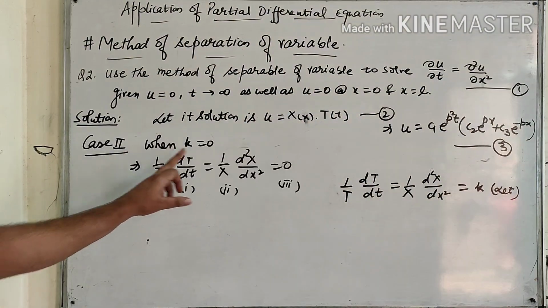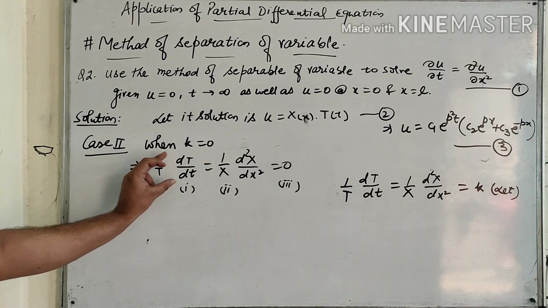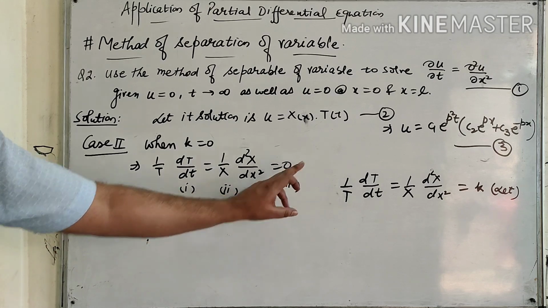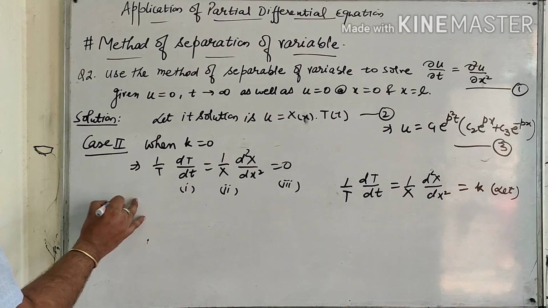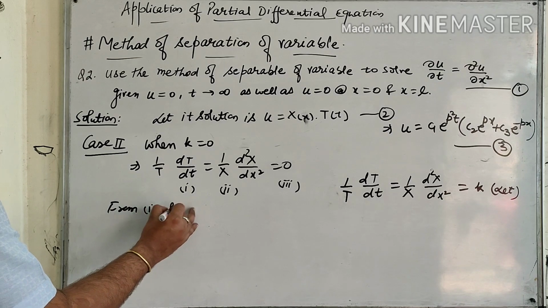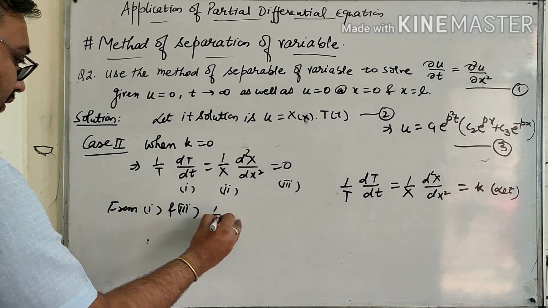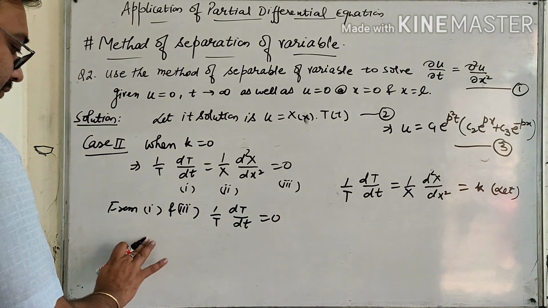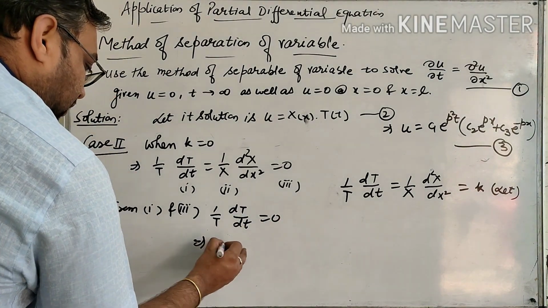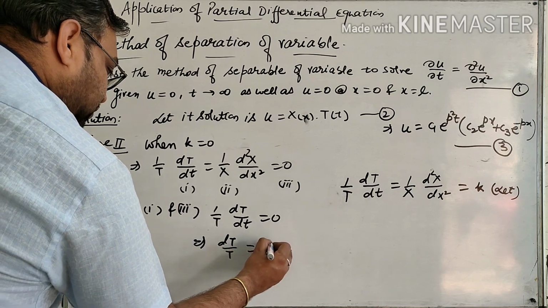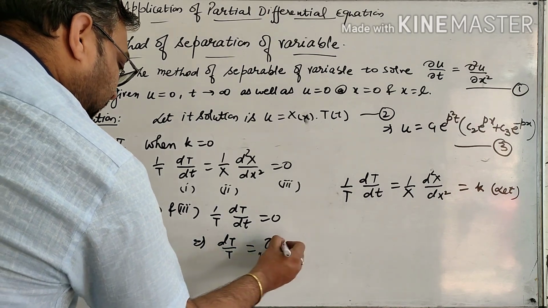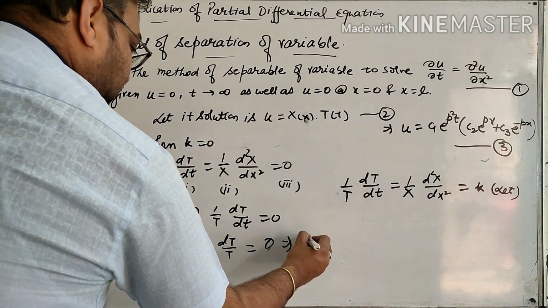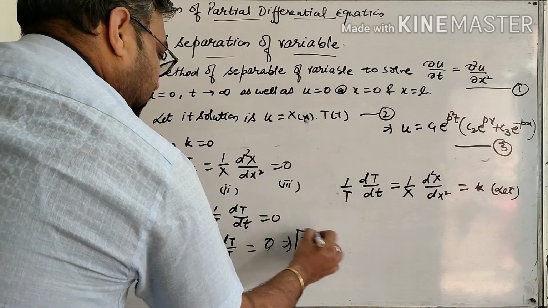Case number second, when k equals 0, that is 1 upon T, dT upon dt equals 1 upon X, d2X upon dx square is equals to 0. Again taking first and third, 1 upon T, dT upon dt equals 0, or dT upon T equals 0, or we write, T is equals to C4.